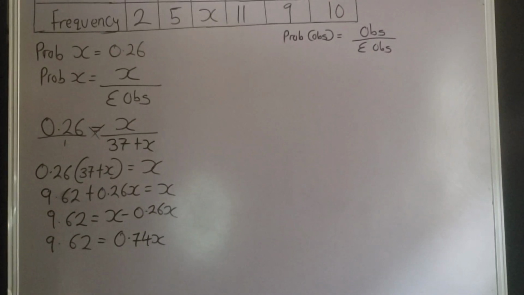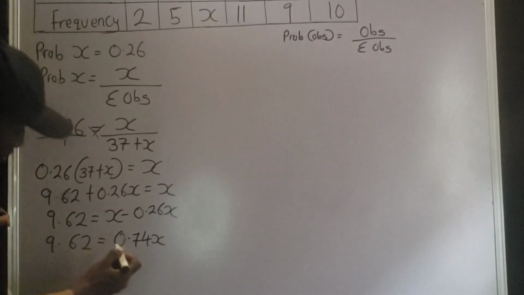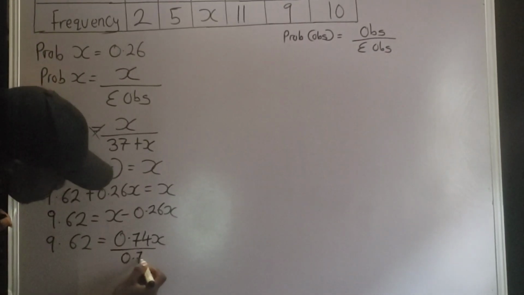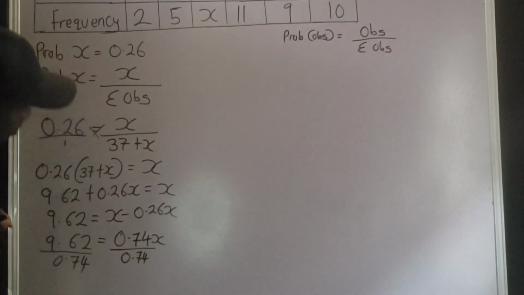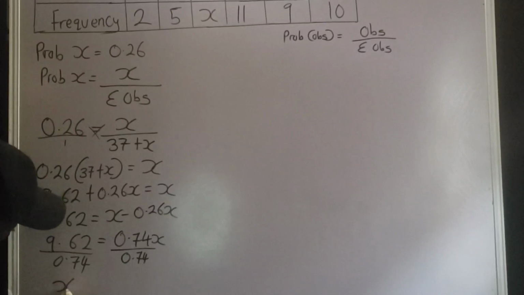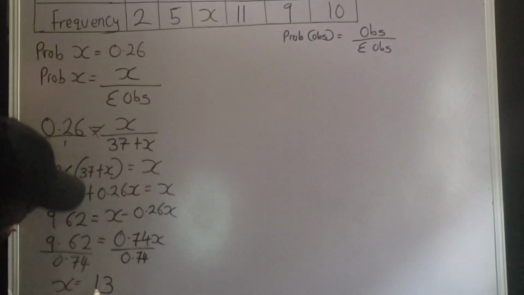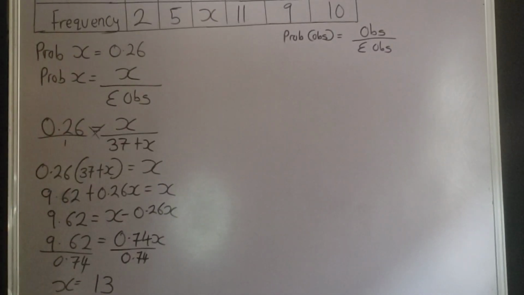If you divide both sides by 0.74, we are going to have x as 13. So x is equal to 13. So we have gotten the value of x as 13.